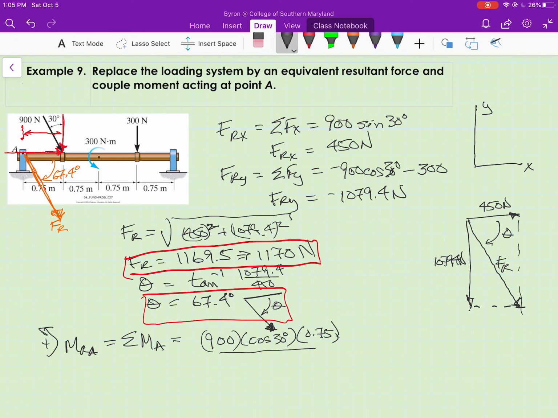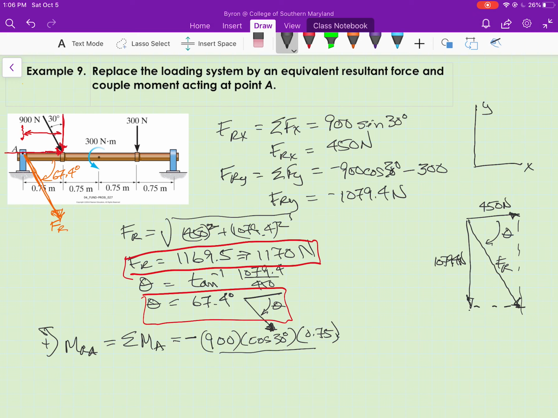So that's the moment of the 900 Newton force about A that we have to account for because we move the 900 Newton force, its line of action, to A. And we need to determine the sign of this moment. We said that counterclockwise moments are positive. So if we look at the moment of the y component of the 900 Newton force about A, we see that it's clockwise, which makes it negative.